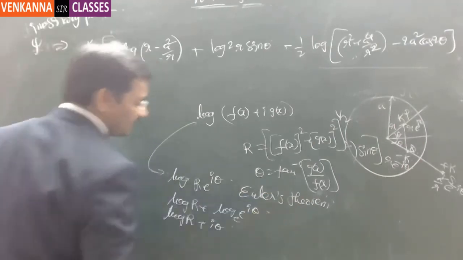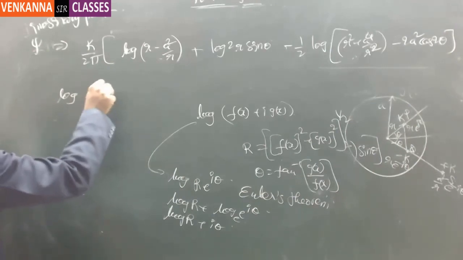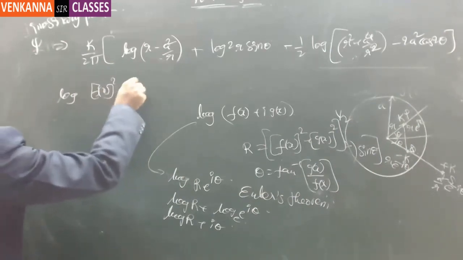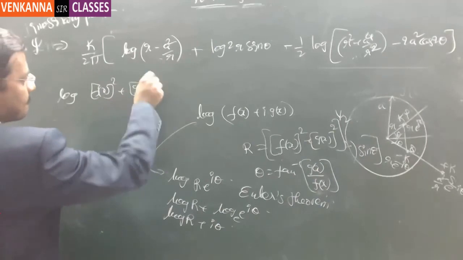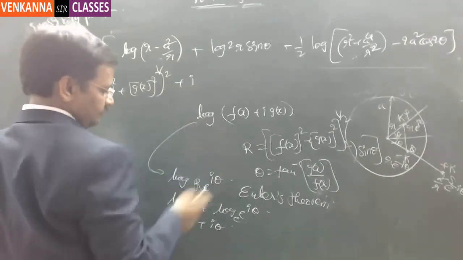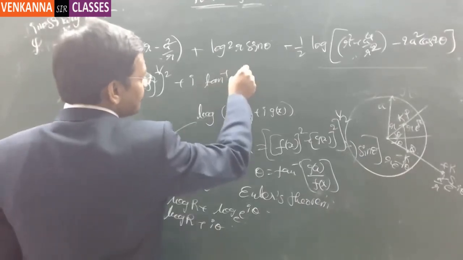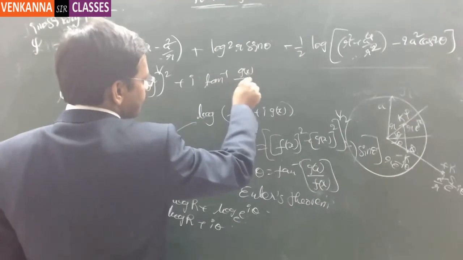So this entire thing can be written as log of f of x whole square plus g of x whole square, whole power 1 by 2, plus i times tan inverse of g of x by f of x.